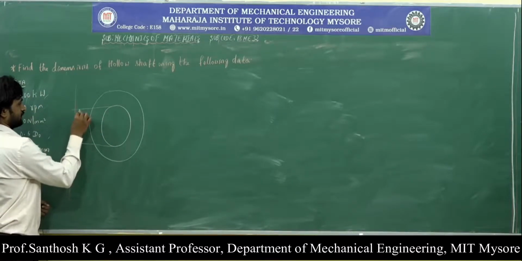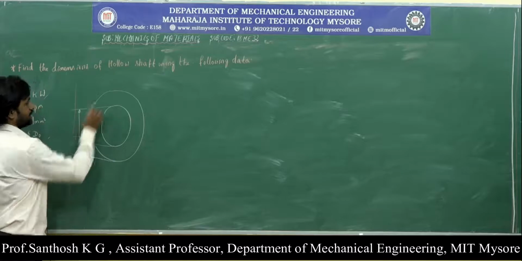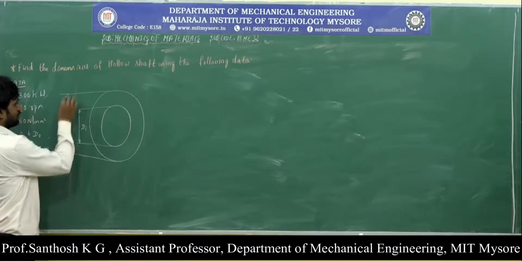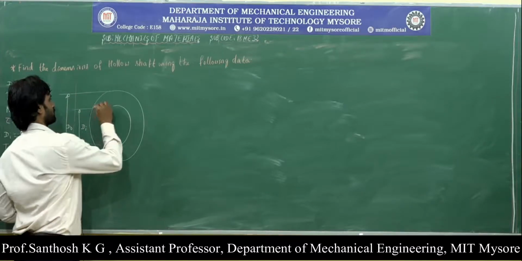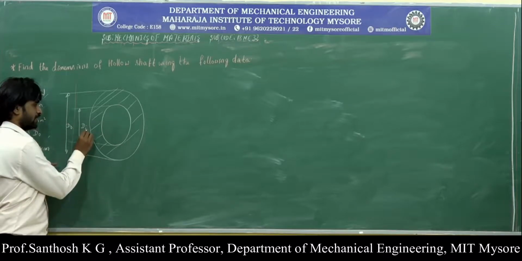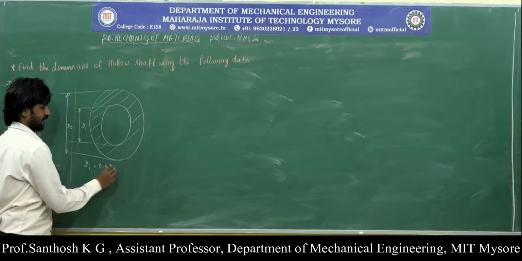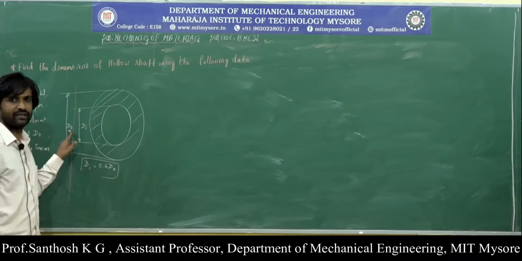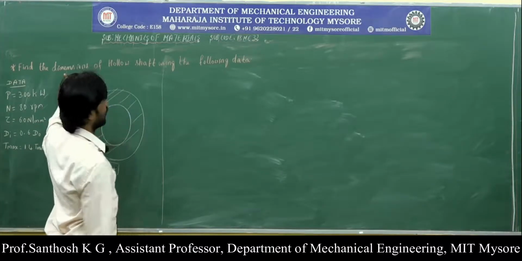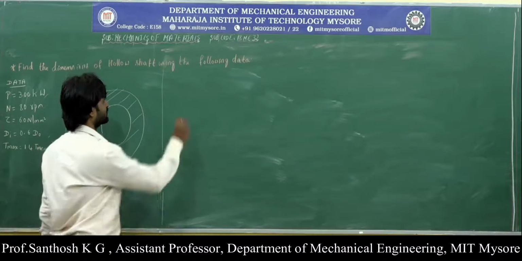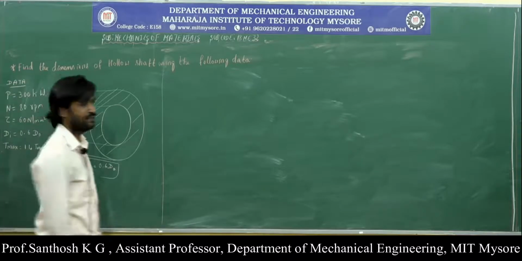One diameter is the internal diameter, which is denoted by di. The other diameter is d naught, which represents the external diameter of the shaft. In the problem, they have specified that the value of di is equal to 0.6 times the external diameter d naught. So using these data, first I should find the dimensions. The dimension of the shaft is nothing but finding the values of di and d naught.